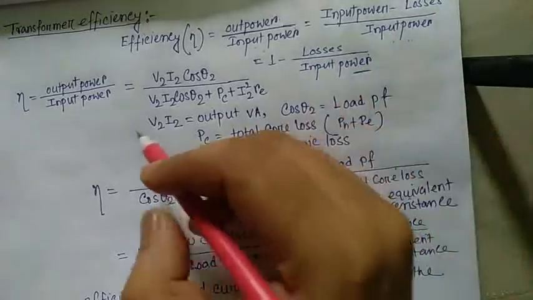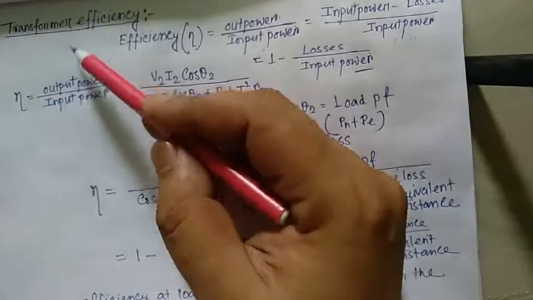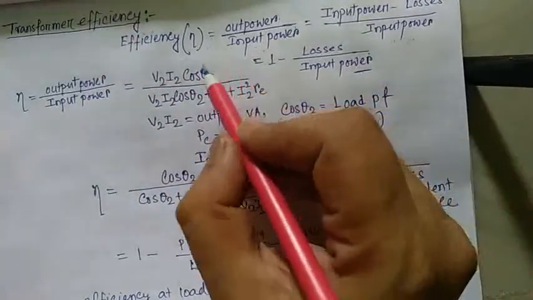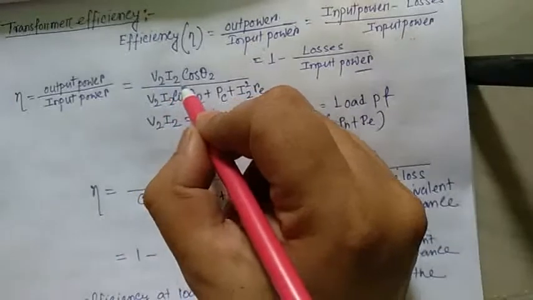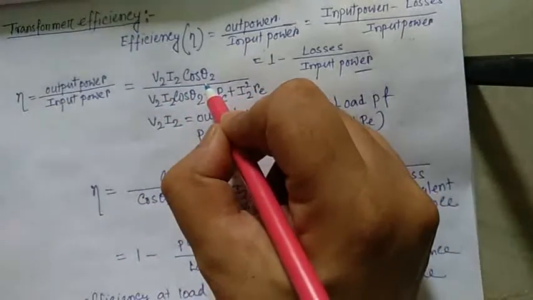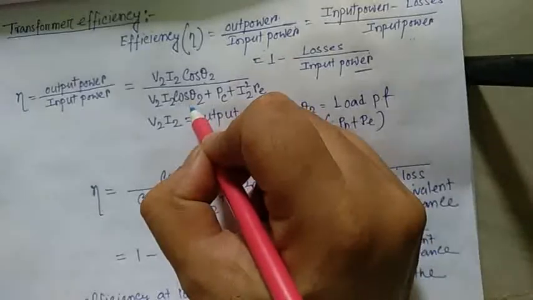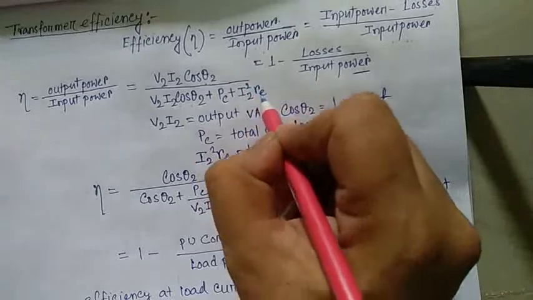Now, as you know, the efficiency is output power by input power. In case of a transformer, it can be written as V2 I2 cos theta 2 divided by V2 I2 cos theta 2 plus PC plus I2 square RE.